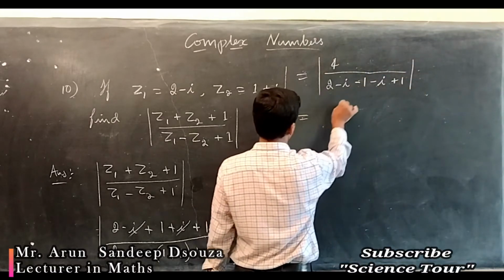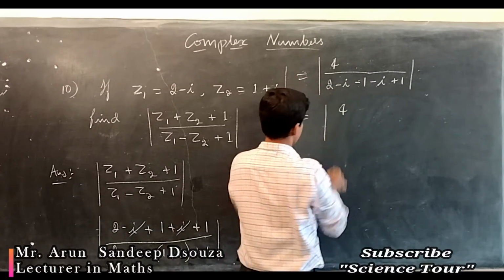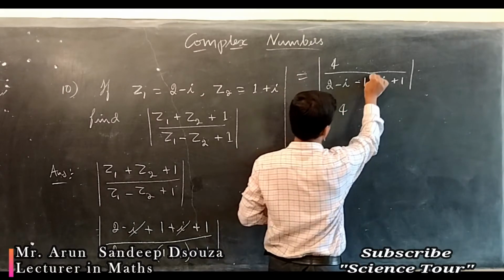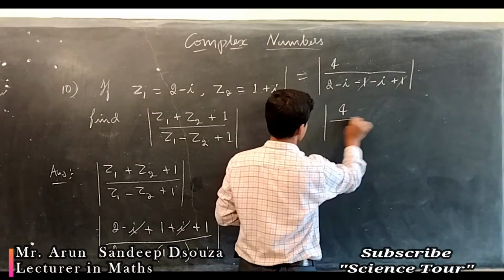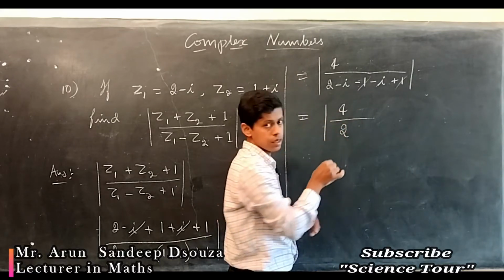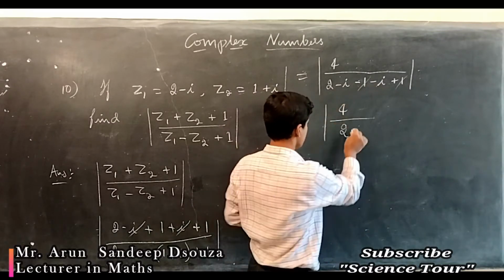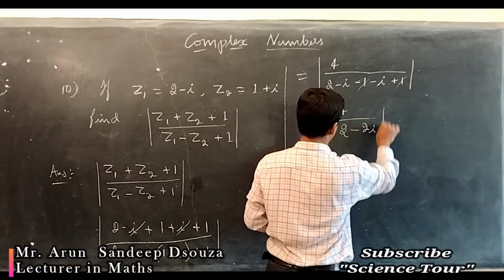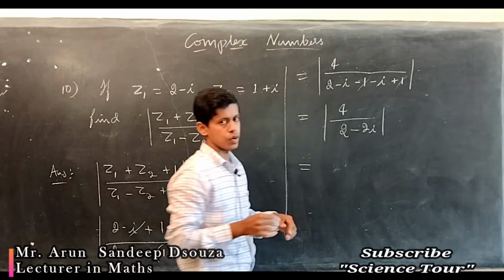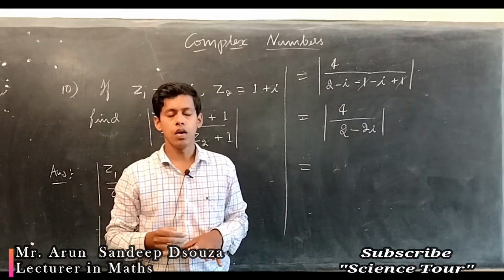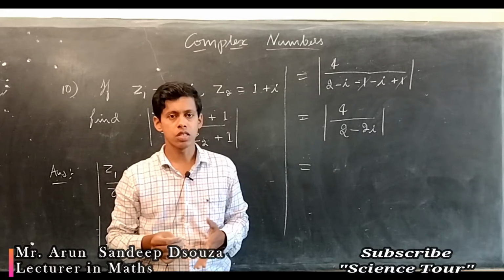Now let me add. 2 and plus 1, minus 1 cancel. So only 2 will remain, and minus i minus i is minus 2i.